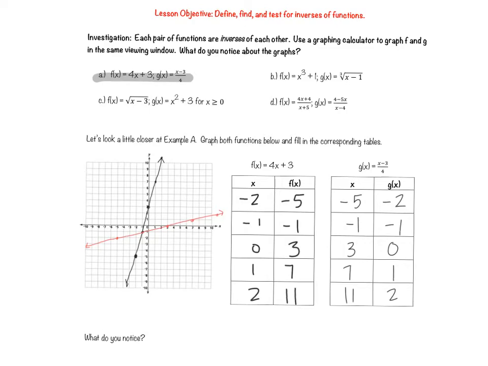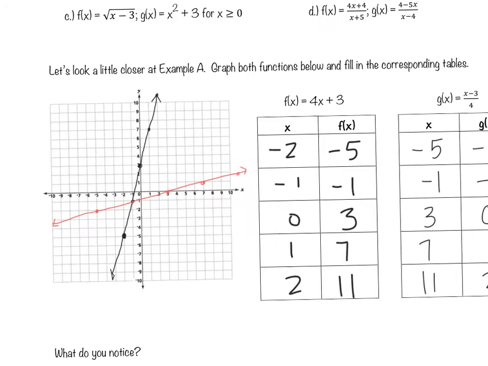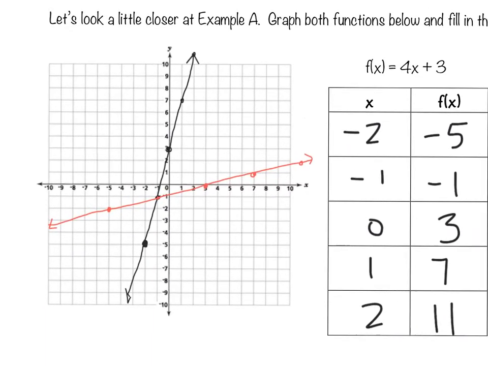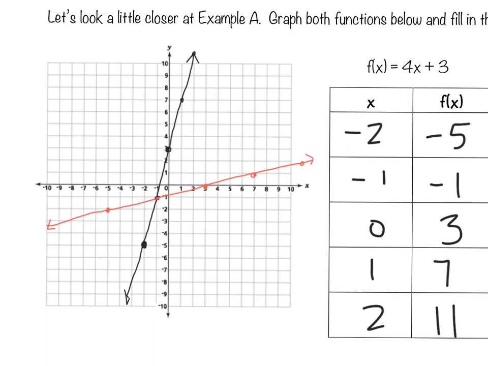It turns out that when you have inverses of each other, they are reflections of each other across a diagonal line. So when one function is the inverse of another, its graph will mirror the other across the line y equals x.